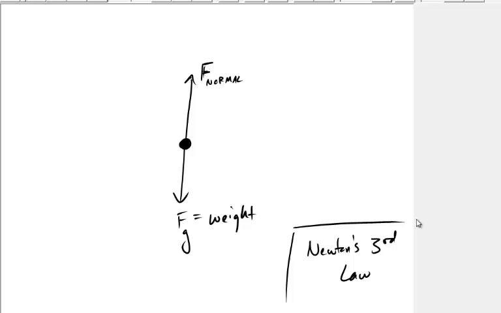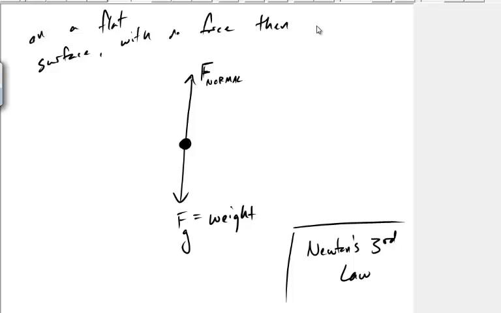No, it's just sitting there. So, is there any friction right now? No. So, on a flat surface, with no force, then no friction. Because of the third law.